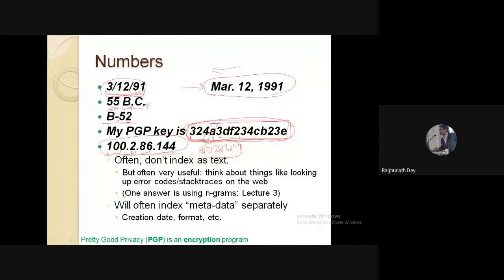It needs to be represented in this form, 100.2.86.144. So we cannot say this is a combined number, and you also cannot put it into a single text. These are all numbers but have different formats. We have to keep the same format as it is.